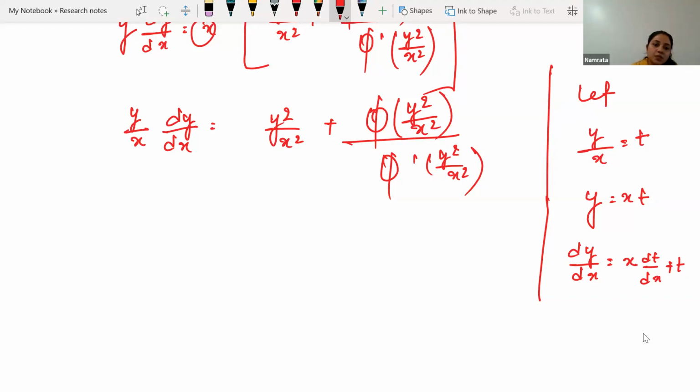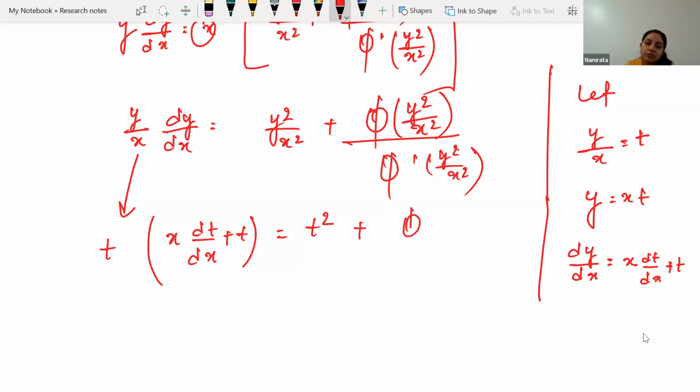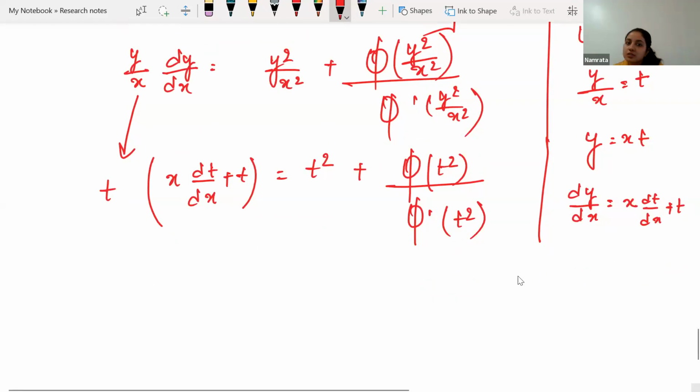So this became t. dy by dx is x dt over dx plus t is equal to y square by x square, which became t square, plus phi of y square by x square, which became t square, over phi dash t square. This is what we have after substitution. Let's see what can be done after that.